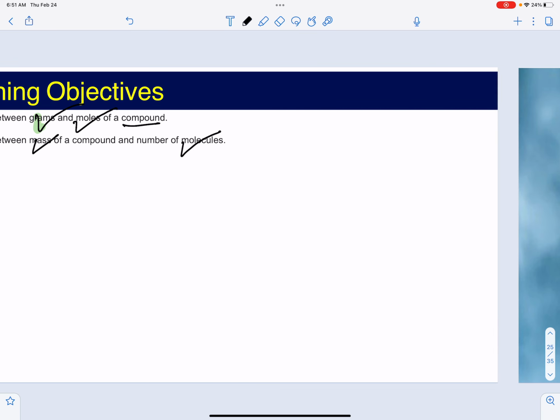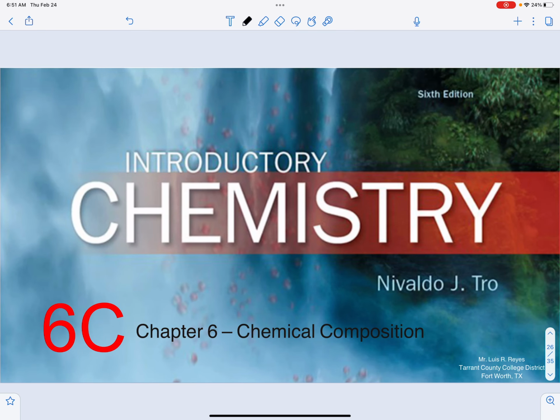And that brings us to the end of this part. So next time we come together, we're gonna be going into part 6C, which is gonna be the same thing but going now deeper into the formula. Given a compound, can you do exactly what we just did, but can you do it for an element inside that compound? So that's next.